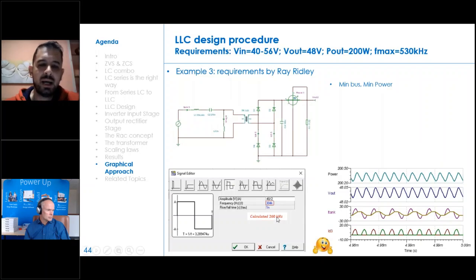Minimum bus, I got a drift between what I have calculated, 260 kilohertz, and the real frequency I needed to provide voltage regulation.